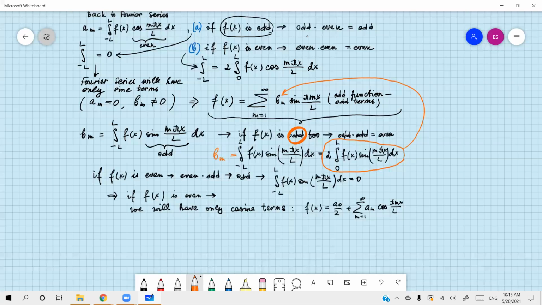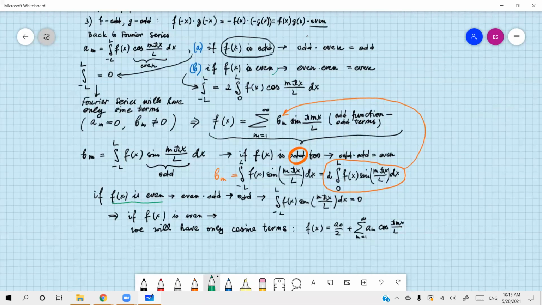Now let me change the color to, for example, green. Now I'm going to move over here, and for an even function, if f of x is even, we know that all sine terms are going to be equal to 0, and we have only the cosine series. But what is going to happen to the cosine series if f of x is even? The cosine terms are going to produce coefficients equal to double the integral over the whole period.